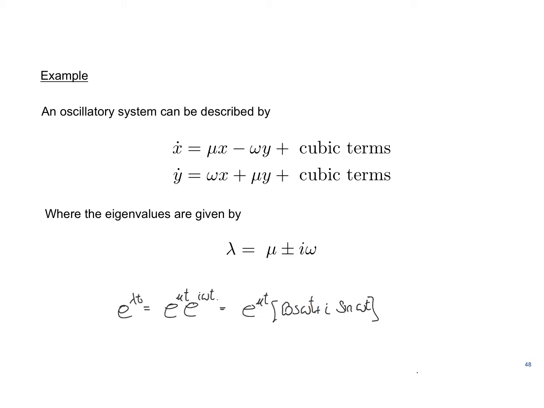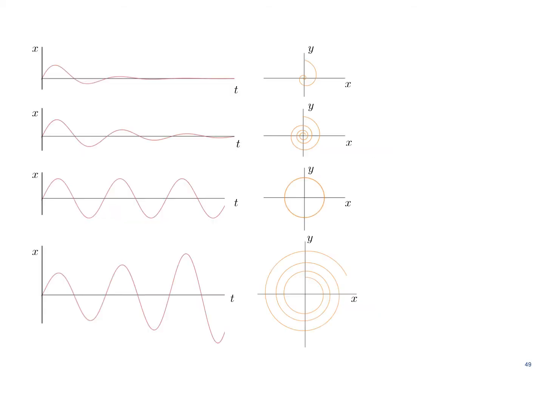So this is the oscillation and this is the damping term. Just remember that mu has to be negative so that an oscillation decays, or positive so that an oscillation just grows in amplitude. Let's have this example.